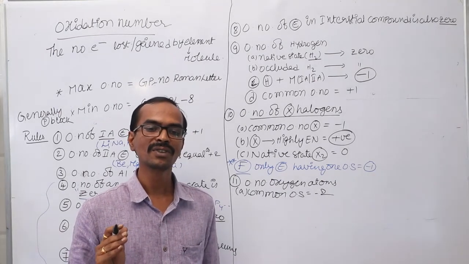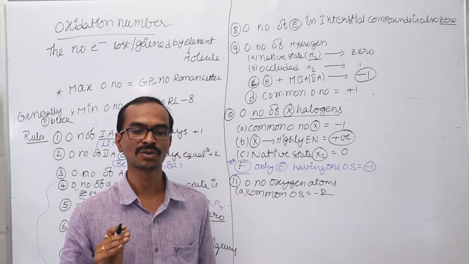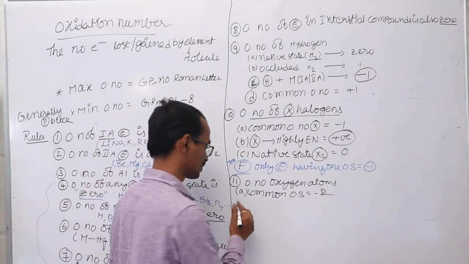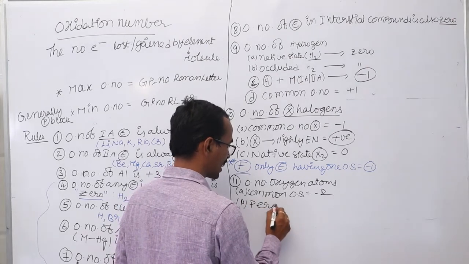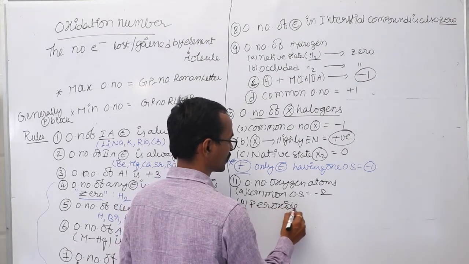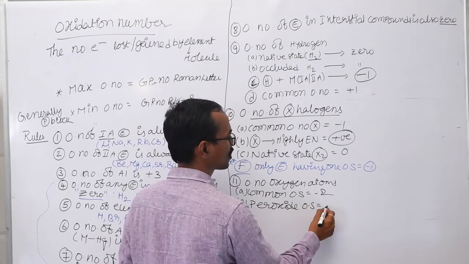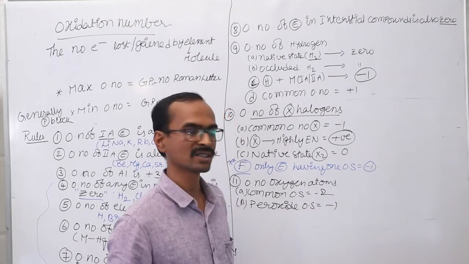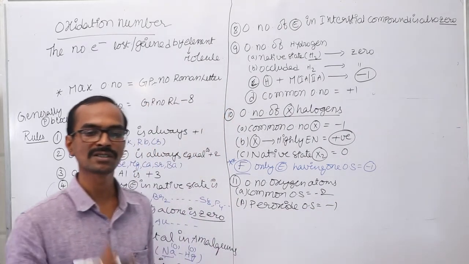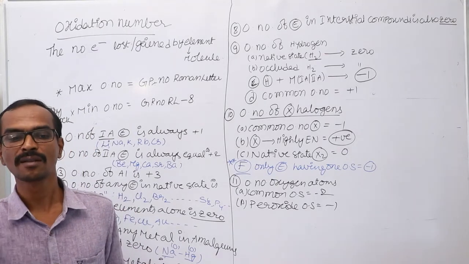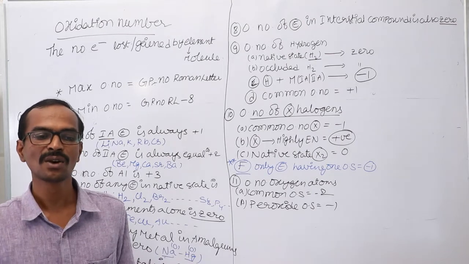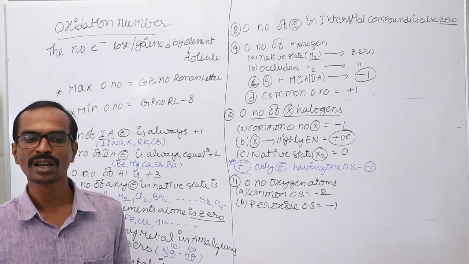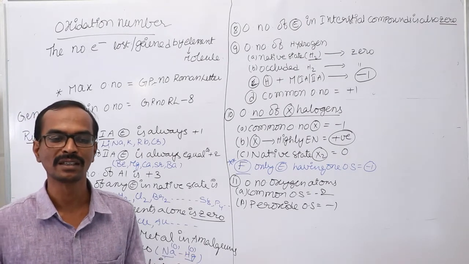If we take the peroxides, the oxidation state of oxygen is -1. In peroxides, the oxidation state of oxygen is -1: H2O2, Na2O2, BaO2, like that.